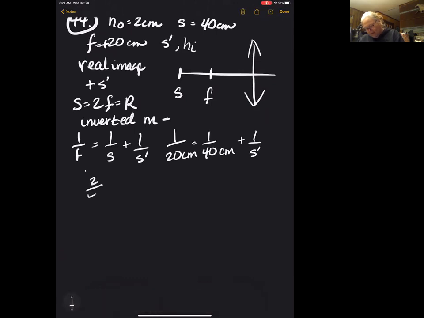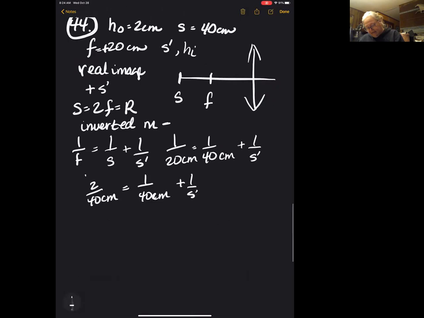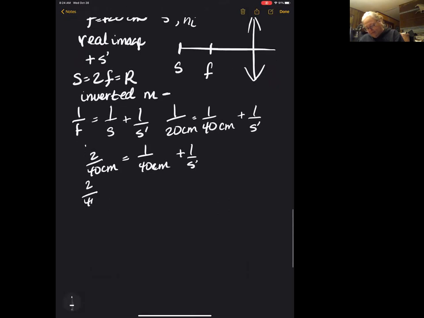So I've got 2 over 40 is equal to 1 over 40 plus 1 over S prime. And if I move that over, I get 2 over 40 minus 1 over 40 is equal to 1 over S prime. So 1 over S prime is 1 over 40. So S prime is 40.